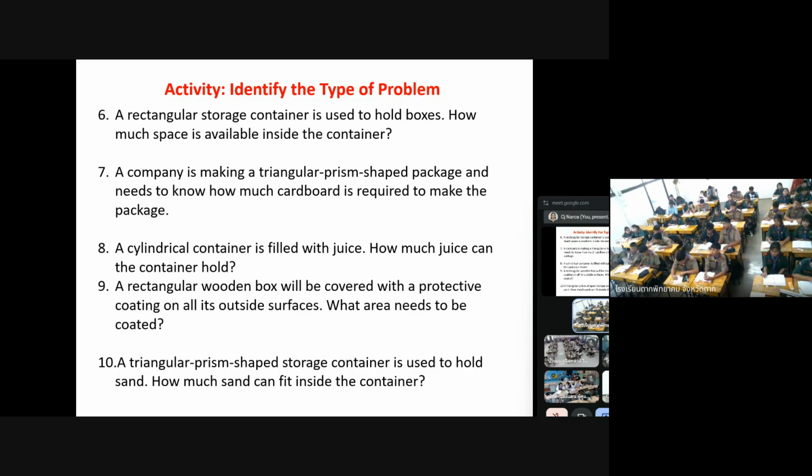Understand the problem? Read it carefully. Find the keyword. What is the keyword? Write the keyword.